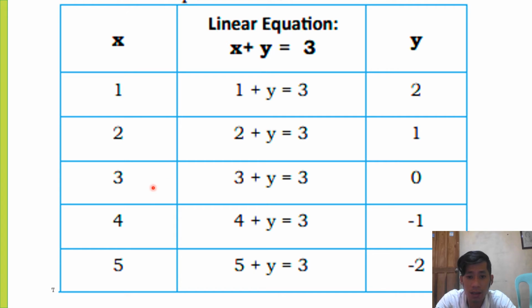If x is 3, so what is y? Very good, 0. If x is 4, what is y? Negative 1. If x is 5, what is y? That is negative 2.